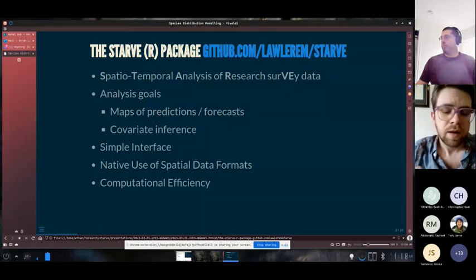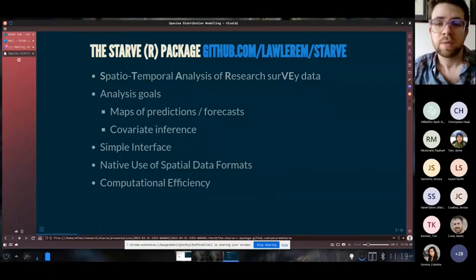And there were three guiding design principles for this package. The first one is I wanted to use a simple user interface. So I wanted this package to be usable and accessible for many people. I wanted to use native use of spatial data formats.